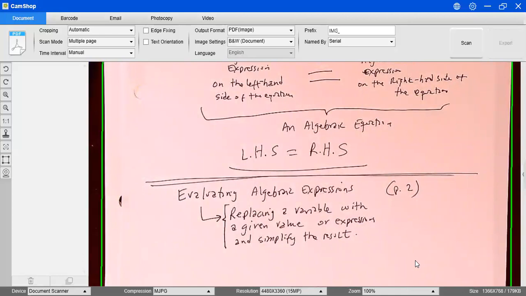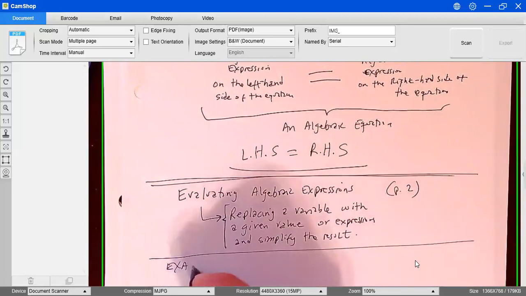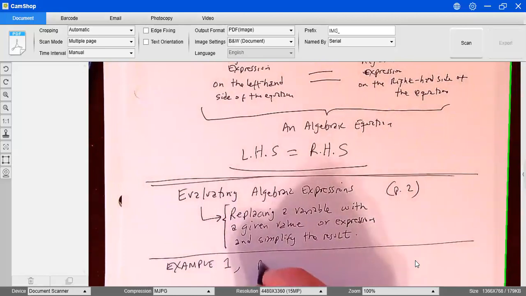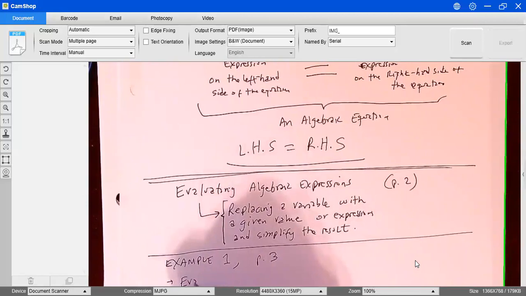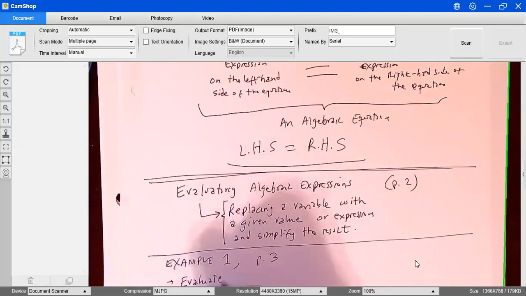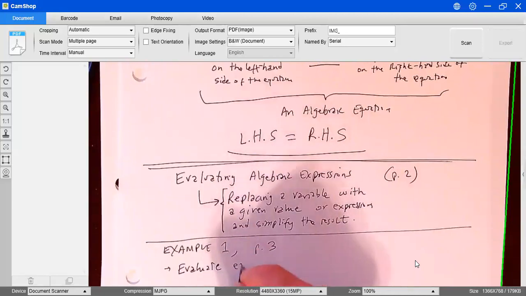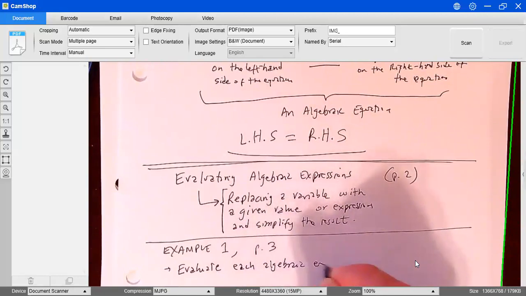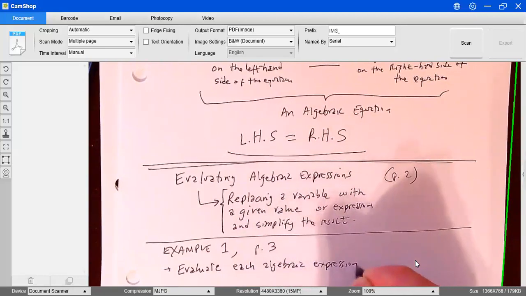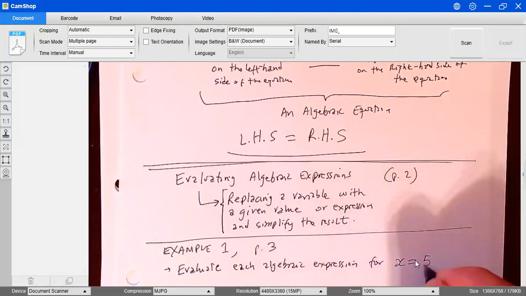We're going to start with example 1. Example 1 is on page 3. It says that we're going to evaluate each algebraic expression for x equals 5.